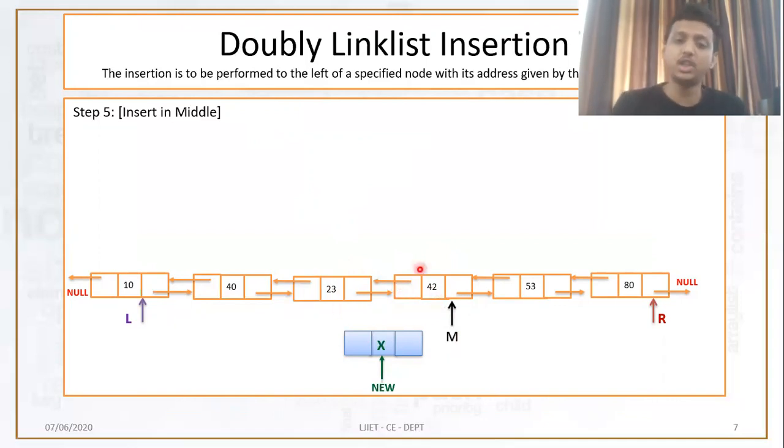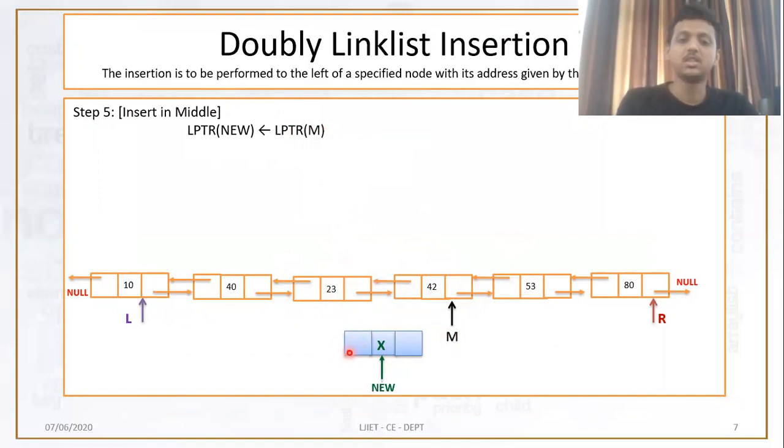So if 42 is known as M, then 23 becomes LPTR of M, 53 becomes RPTR of M. So this is M, then this 23 becomes LPTR of M. So what I need to connect? I need to connect my LPTR of new to LPTR of M.